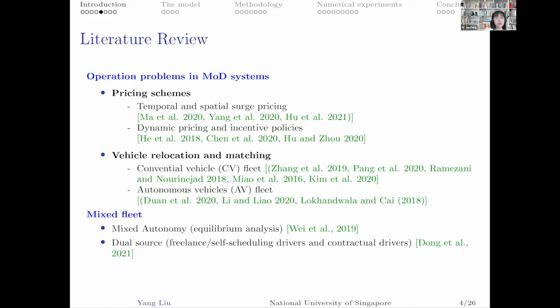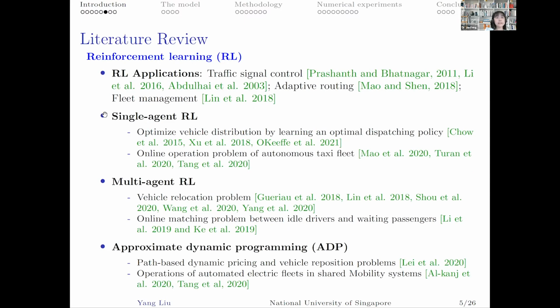Okay? And also there are studies which investigate the mixed fleet, but mainly focus on long-run equilibrium. So the dynamic problem of mixed fleet is not well studied. And reinforcement learning has been applied and extensively studied in the transportation field to examine the traffic signal control problem, and also adaptive routing and fleet management.